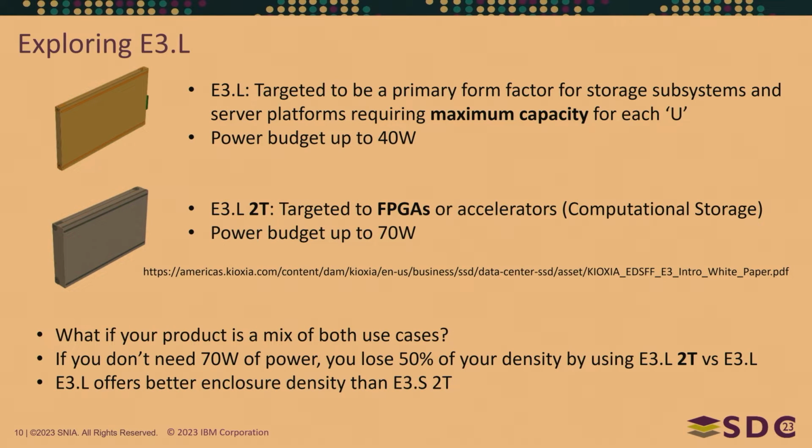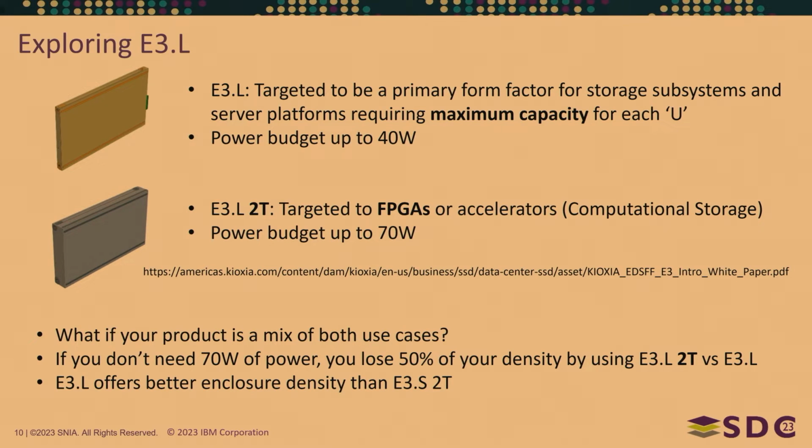Now looking at E3.L, this is the form factor that you'd want for the most dense storage capabilities. And then there's a double thickness version of that that's for FPGAs or accelerators and computational storage. So FlashCore module kind of straddles those two spaces. We're a mix of both. We have some computational storage, and we want to be the biggest SSD out there.